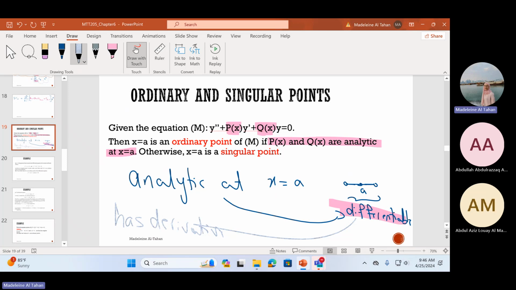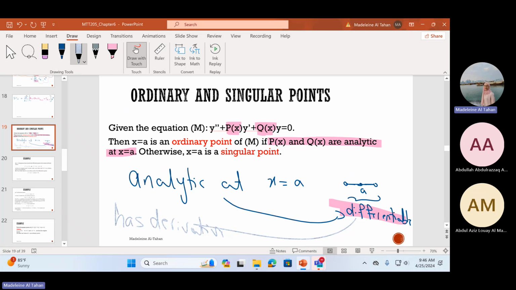But radical x has a value at 0, it's 0, right? But the derivative of f doesn't exist at 0. Okay, so is it differentiable? So is it analytic? When we ask about analytic, it means as if we're asking about what? The derivative. Does the derivative exist or not?